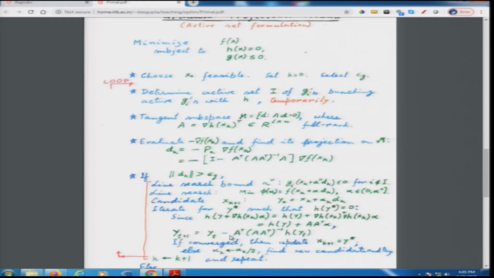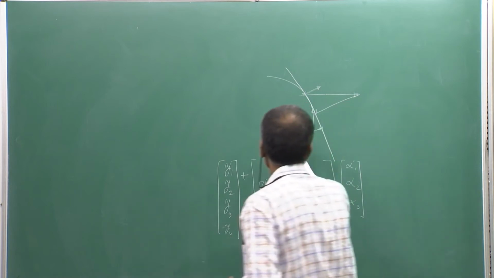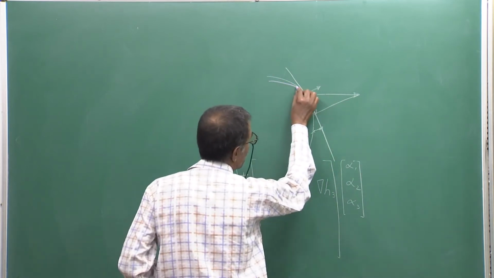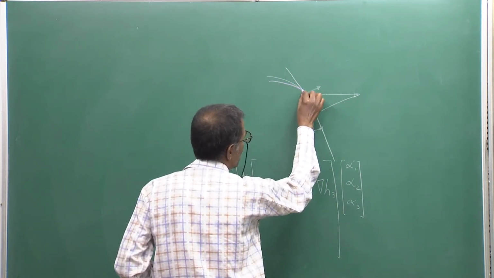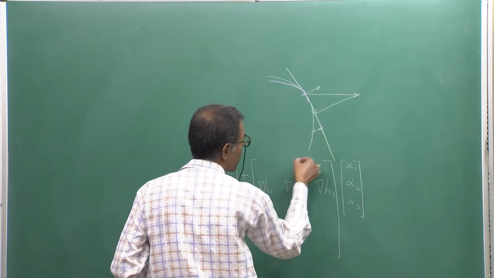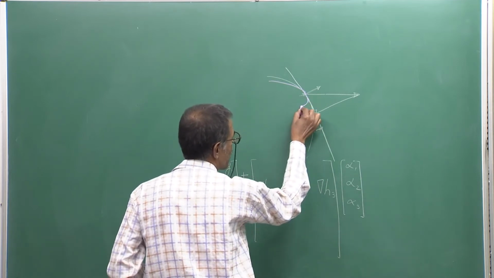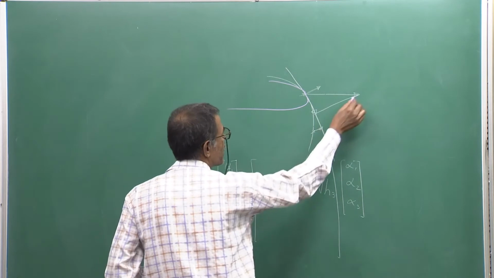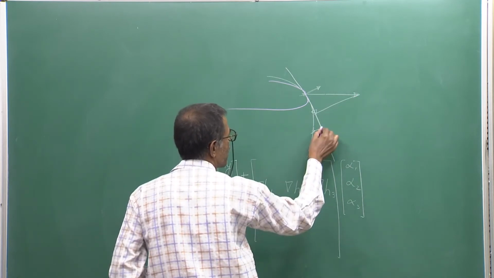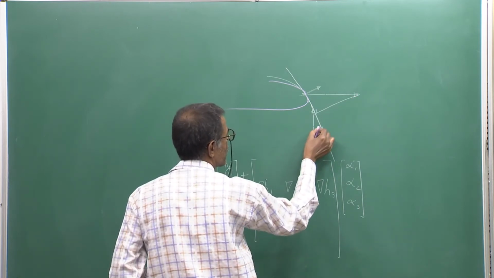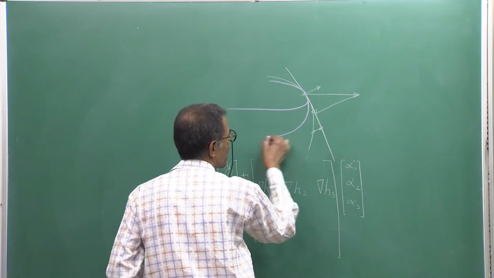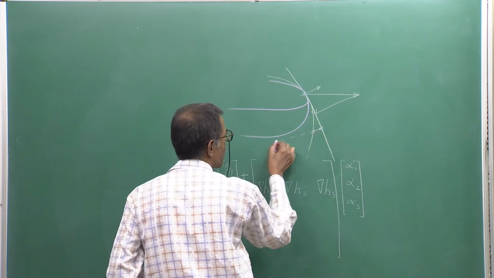As I showed you one situation, if the surface is like this, but it does not go this way, but it goes this way, then moving in this direction will not converge. Okay. Even moving in this direction will not converge.